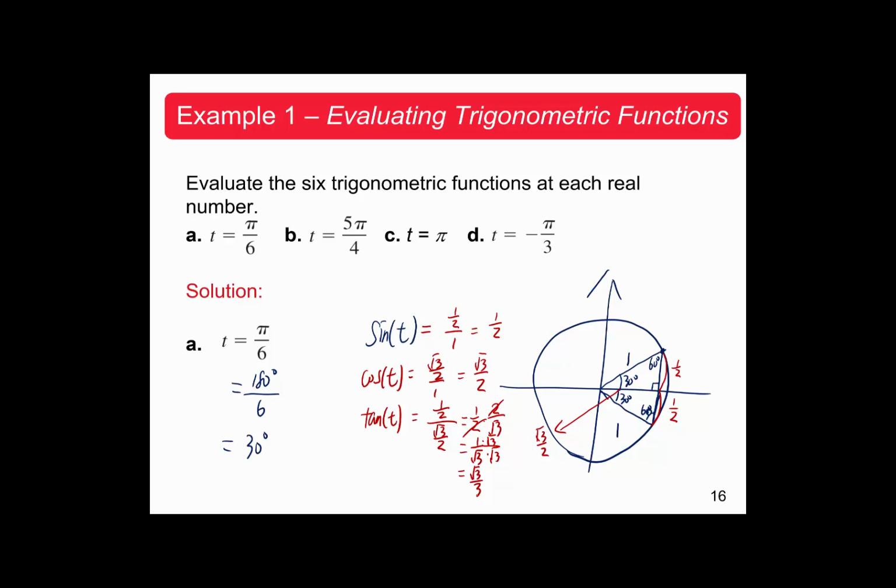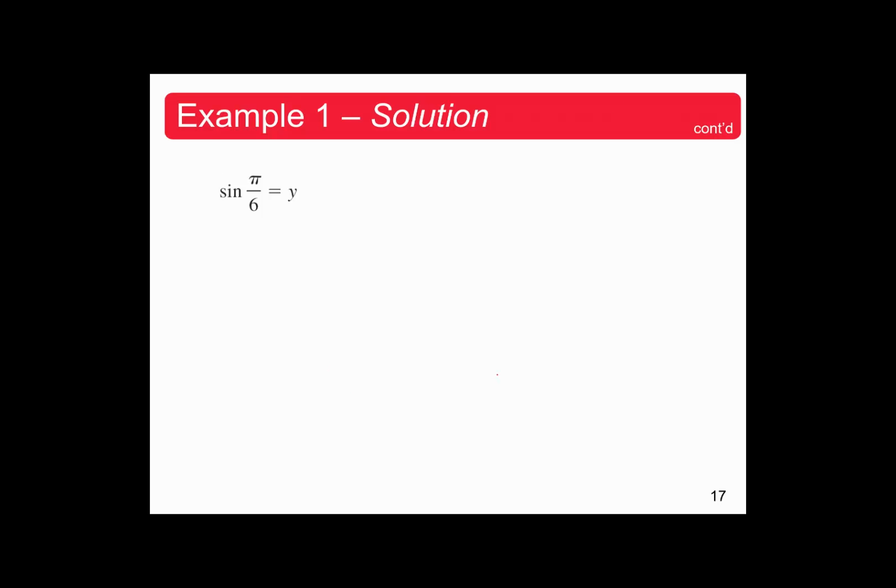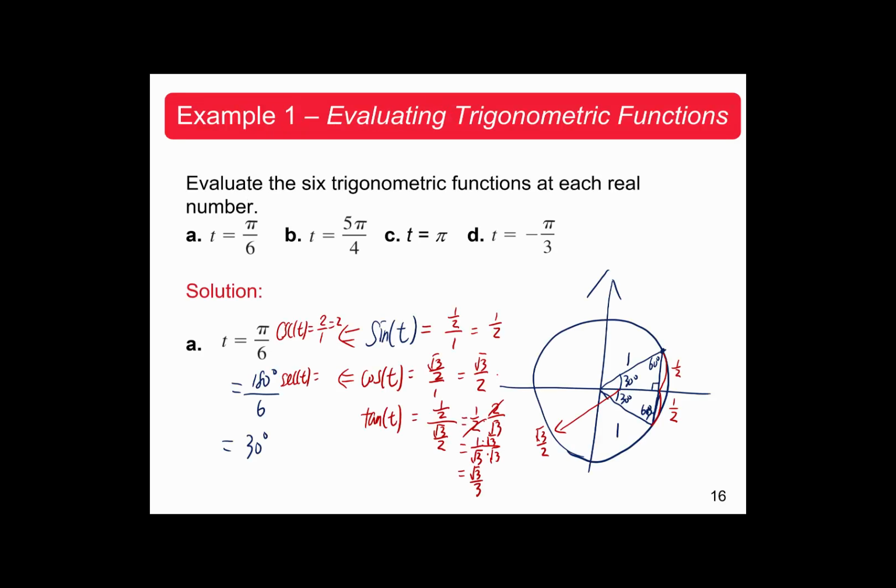The other 3 will be the reciprocals. Since we know sine t, cosecant t will be the reciprocal of this, so it's 2 over 1. That turned out to be 2. And then secant t will be the reciprocal of cosine t, so it becomes 2 over radical 3. Once you rationalize this, it becomes 2 radical 3 over 3.